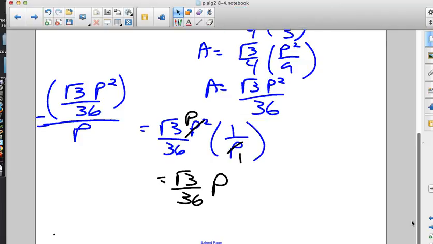Is that better than a circle? Well, let's see. Square root of 3 divided by 36. Oops, I better finish off those parentheses there. There we go. Better than a circle? 0.04?